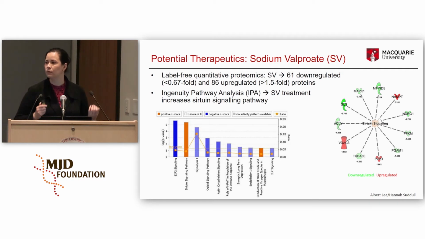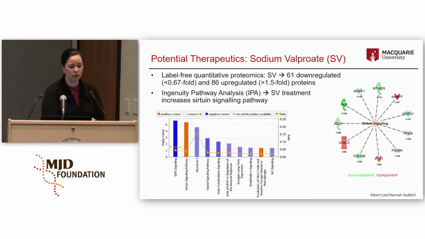They looked at the levels of different protein expression and identified 61 proteins that were downregulated and 84 proteins that were upregulated. You can see some of them indicated here, green for downregulated and red for upregulated.